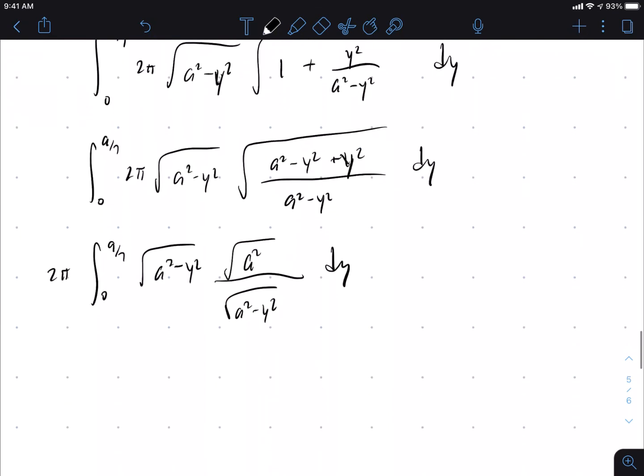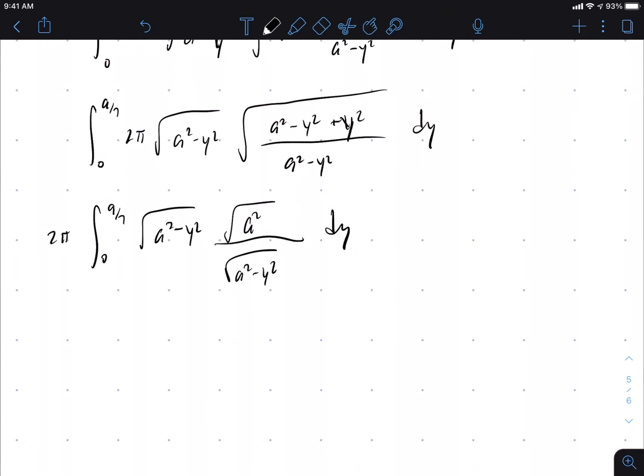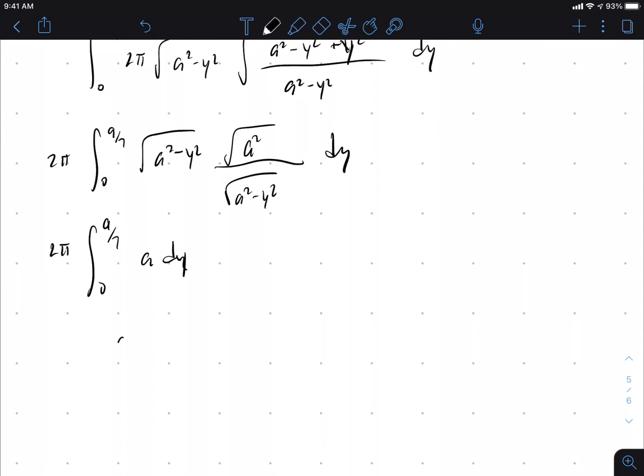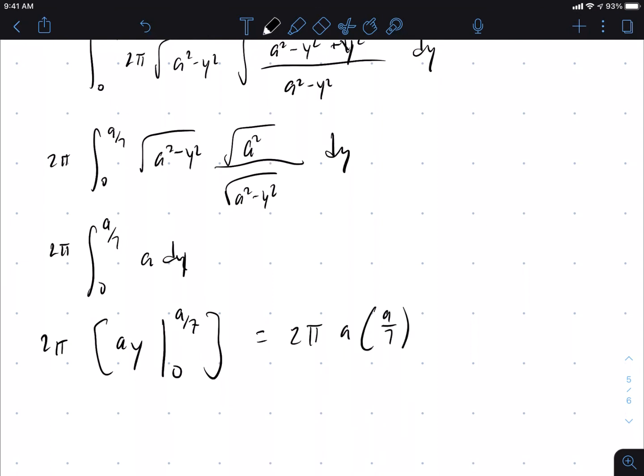Do you see something cool? Those cancel. Oh yeah, let's not forget the 2 pi. My bad. And doesn't that give me 2 pi a times a over 7, which will be 2 pi a squared over 7.